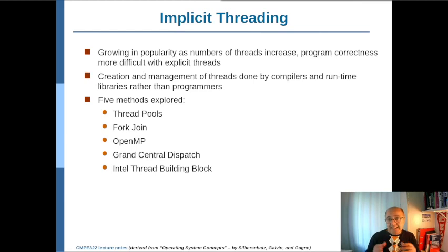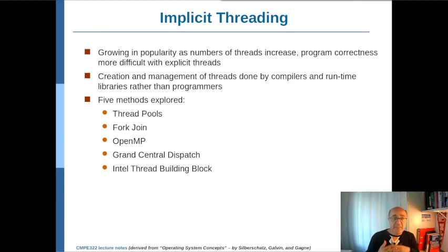So rather than the programmer taking care of the threads explicitly, now we're looking into ways of managing the threads by the system in an automatic manner, actually taking care of the threads implicitly.